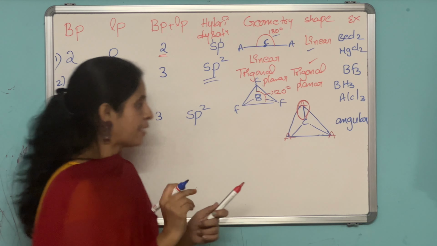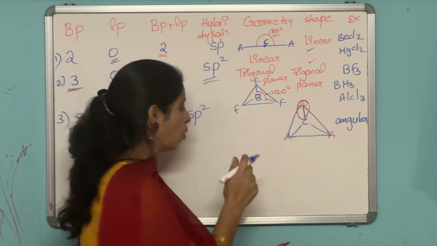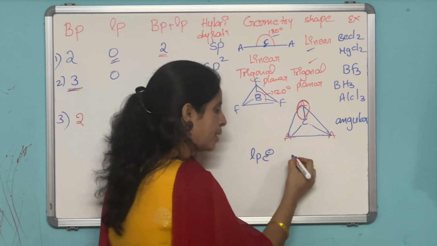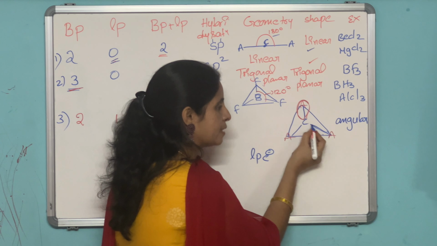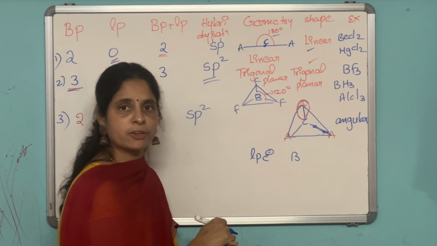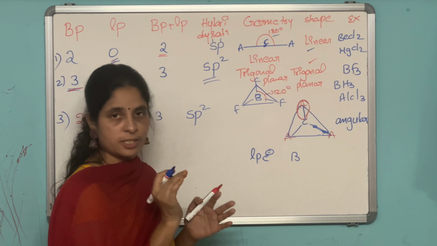Now here I want to tell you about lone pair and bond pair. A lone pair means a lone pair of electrons only, and the electrons present in the bond, those we call the bond pair of electrons. There exists a repulsion between the electrons, isn't it?